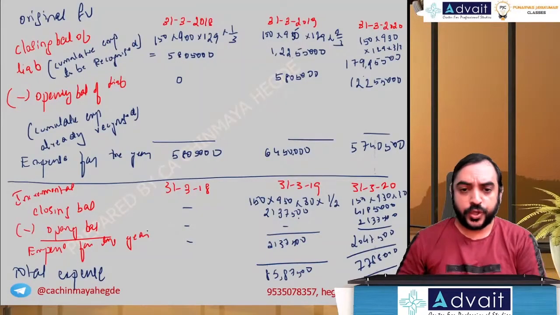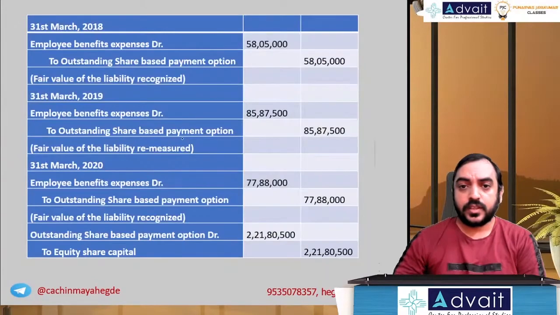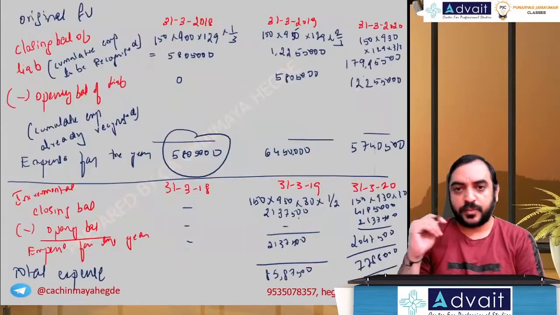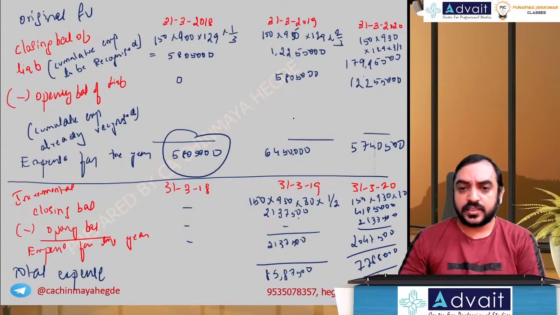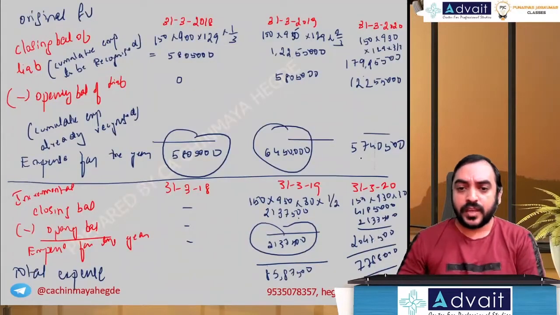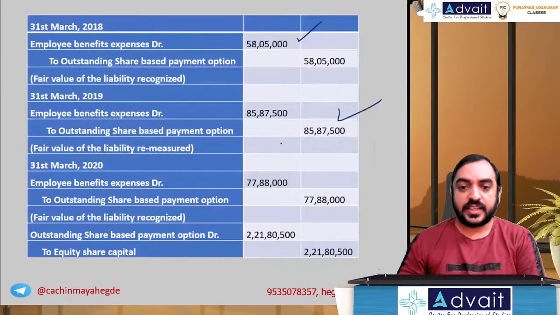First year, as I told you, 58 lakh 5,000 employee benefit expense to share based payment, outstanding share based option. Then second year 64 lakh 50,000 plus the incremental, that is 85 lakh 87,500, same entry, P&L entry you don't have to pass. And third year this total 77 lakh 88,000 employee benefit expense to liability.